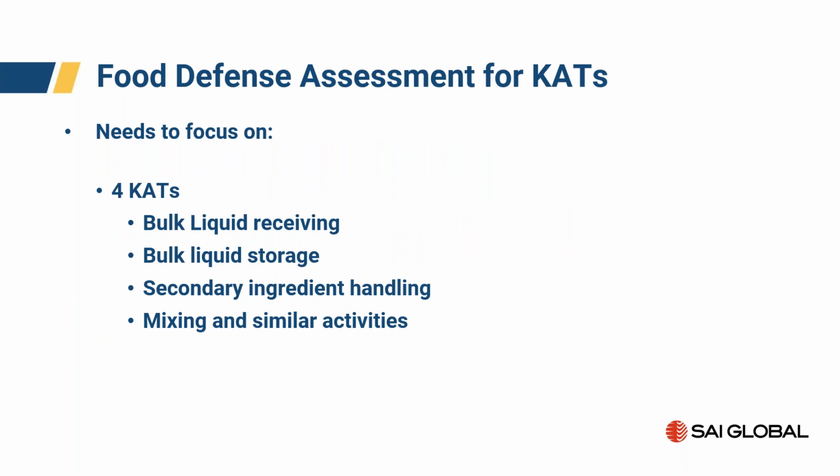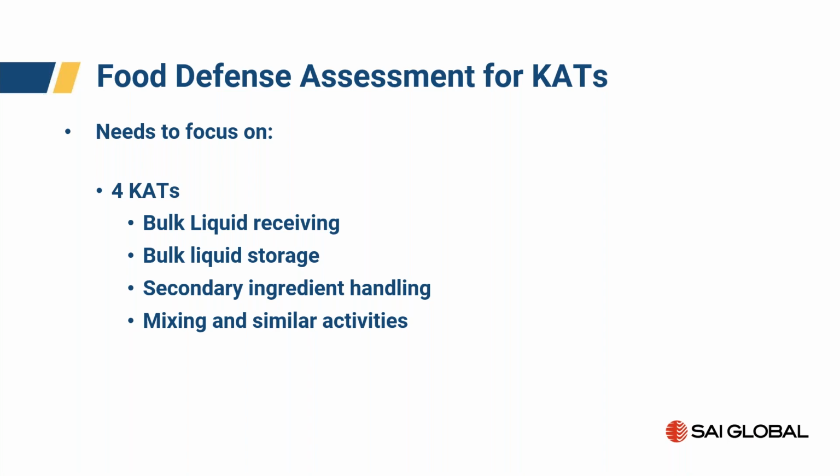As we talked about in the previous webinar, the FDA has identified what they call key activity types. And they have indicated there are 4 that they're more concerned about. Now remember, that doesn't mean that because you don't have these, you don't need a food defense plan. But what it does mean, if you've got these, you have to have a very good, thought out food defense plan.